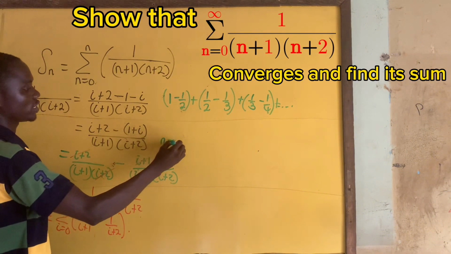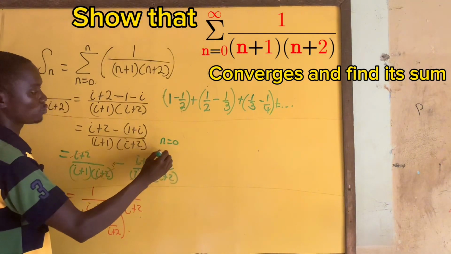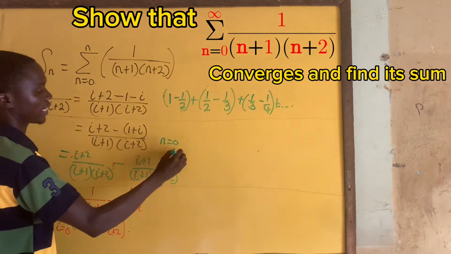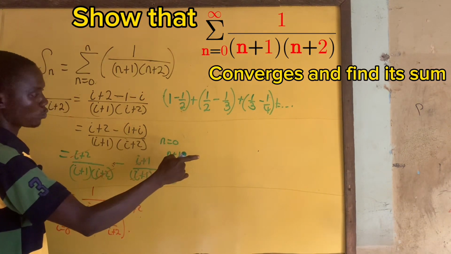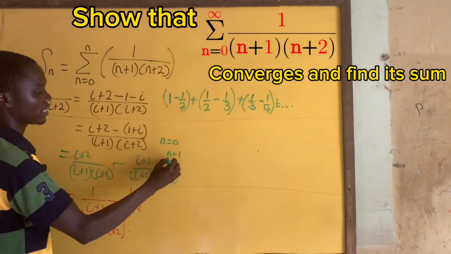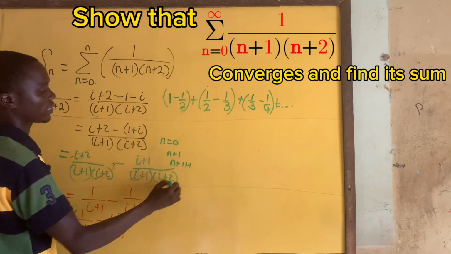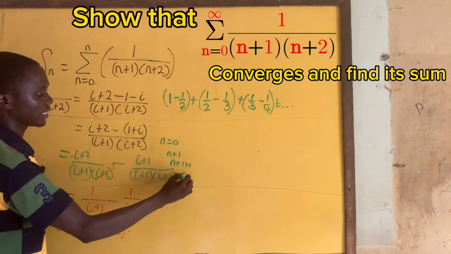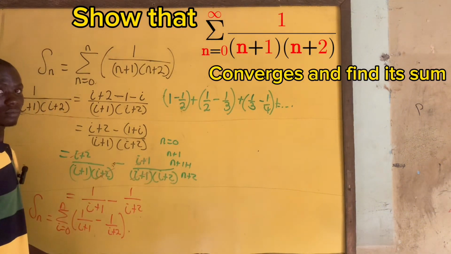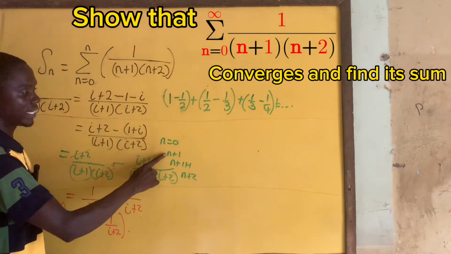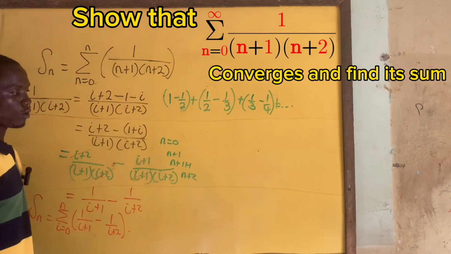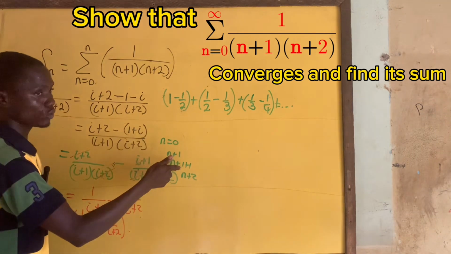Now, you see that for each of the terms that we are putting inside, if n equals 0, the next term will be n plus 1. That is 0 plus 1, which will give us 1. The other term is n plus 1 plus 1, so you see that we have n plus 2. So for n equal to 0, the next term, we add 1 to 0 to get our 1, and you add 1 to 1.